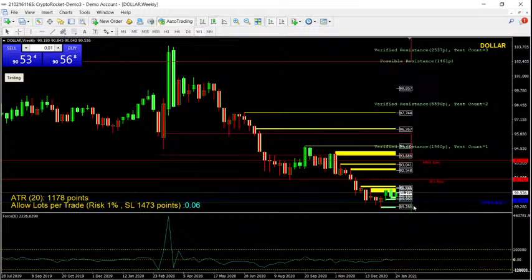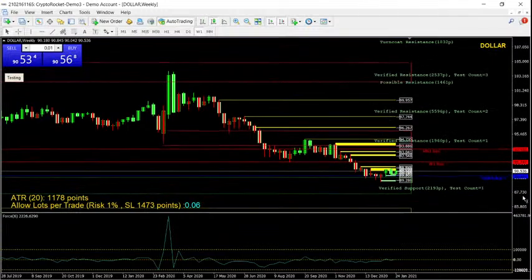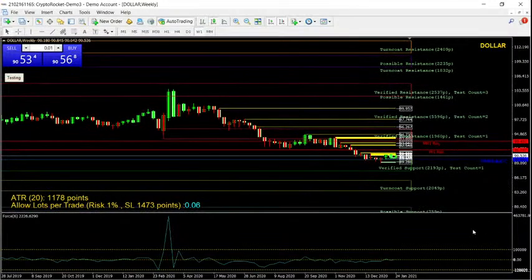And we also have this verified support that's been tested. So this is a multi-year support. I think as they continue, I just read today that Powell welcomes inflation, so that means more money printing.